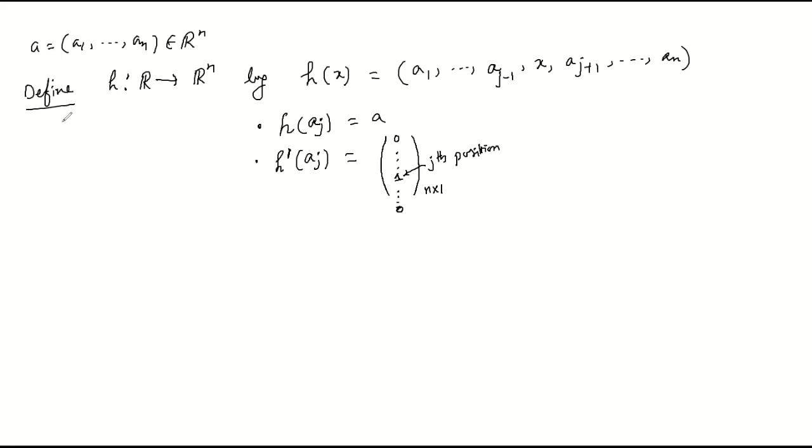So now consider, let me draw a picture. So this is R, here we have Rn, and from R to Rn we have h, and from Rn to R we have f.